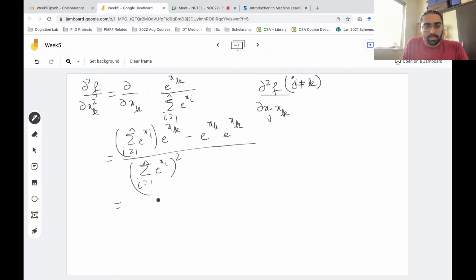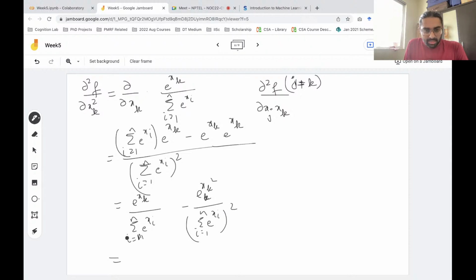So we'll get e^(xk) over the summation from 1 to n of e^(xi), e^(xk) squared by e^(xi) squared, right?